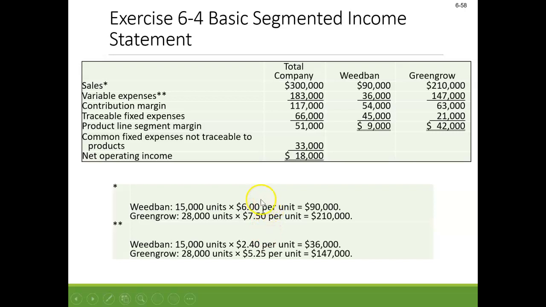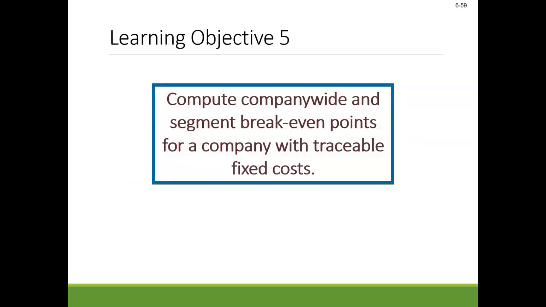Granted, Green Grow's selling for a little greater price, but overall, the contribution margin isn't as beneficial. So do you see how it benefits them to make decisions on breaking down these segments to see where their profits are truly coming from?